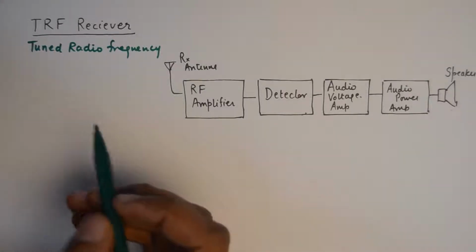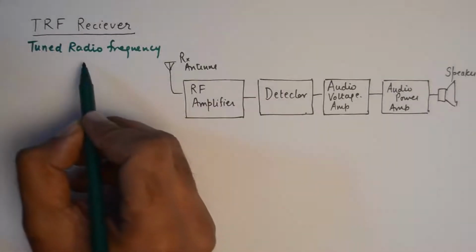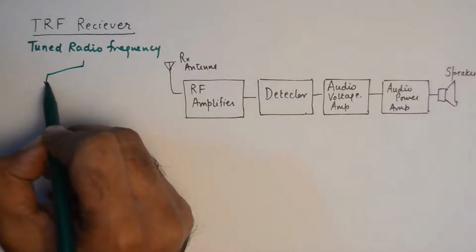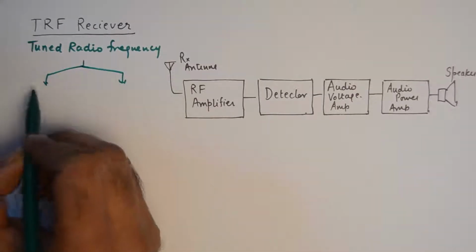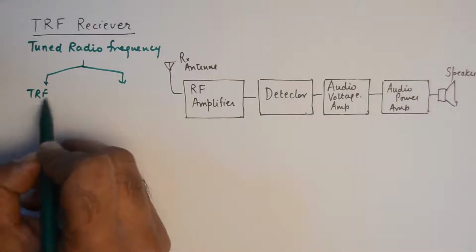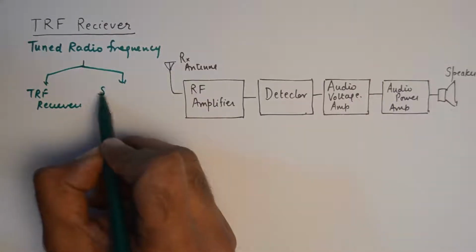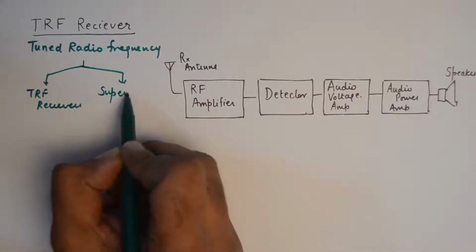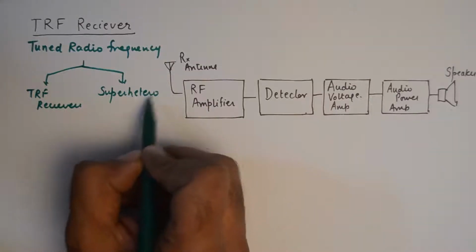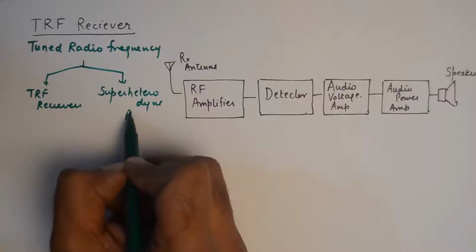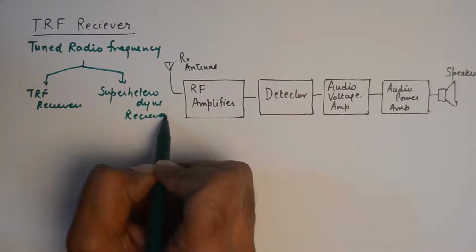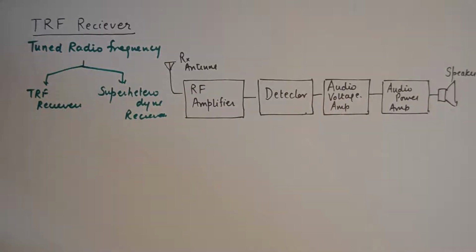As far as receivers are concerned, for AM they are broadly classified into two categories. One is TRF receivers, and the other is the super heterodyne receiver. Super heterodyne receivers were made because of the low performance of the TRF receivers.